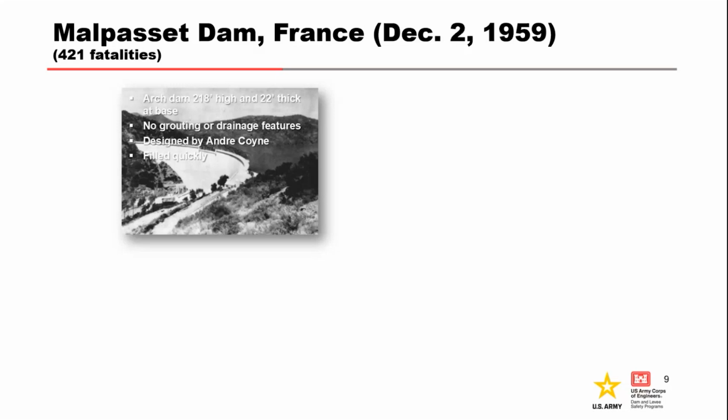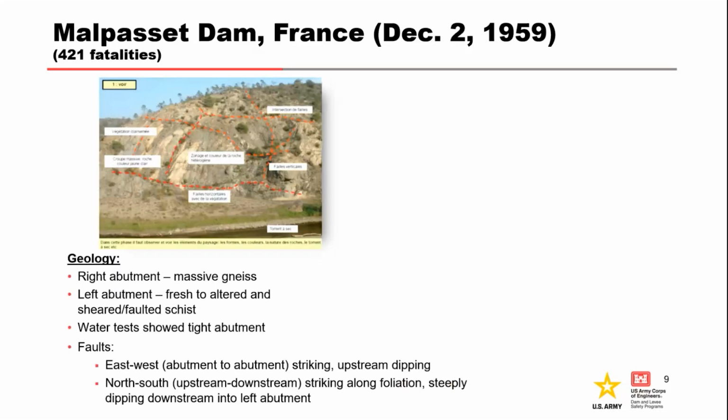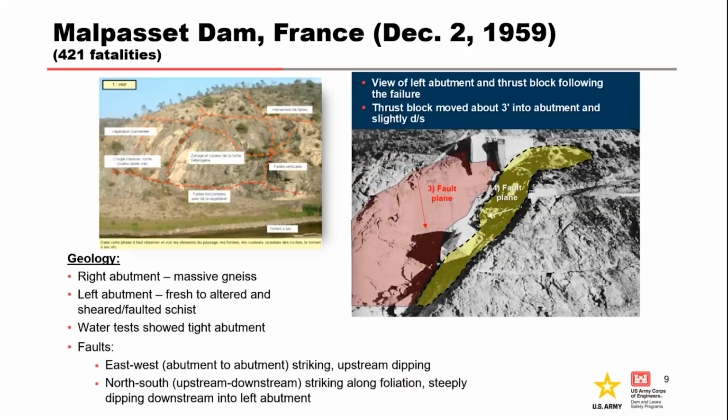The dam was founded on massive gneiss in the right abutment and fresh to altered and sheared schist in the left abutment. Faults in the foundation strike parallel to the axis of the dam and dip upstream, and perpendicular to the dam axis and dip steeply downstream into the left abutment. So there are the faults in the right picture.